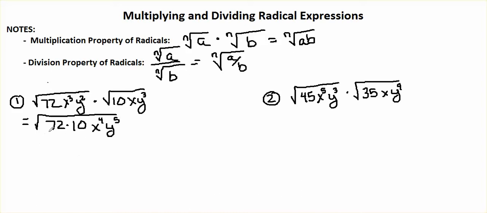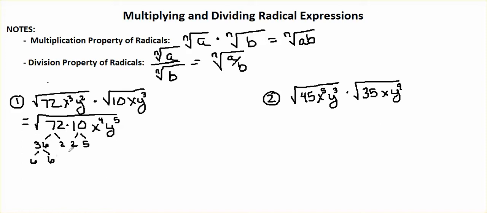The next thing I'm going to do is, since I'm taking the square root, I'm looking for groups of 2. So let's start factoring 72 and 10. 10 is easy. 10 factors down into 2 and 5, but 72 factors down into 2 and 36. And 36 factors down into 6 and 6.